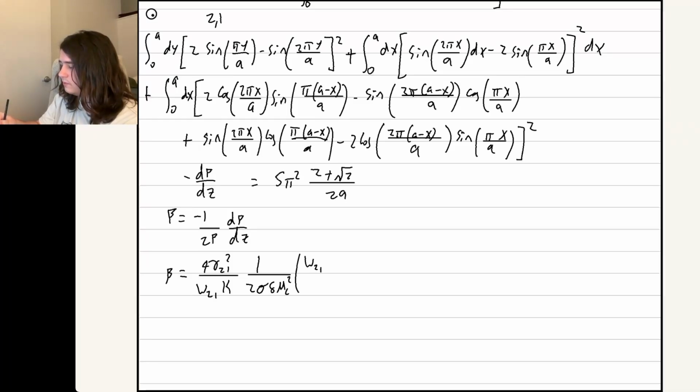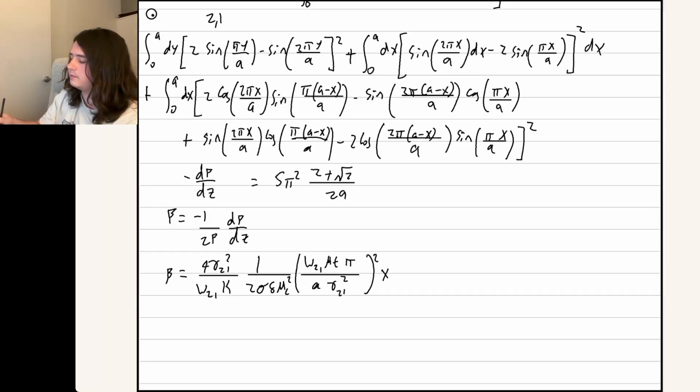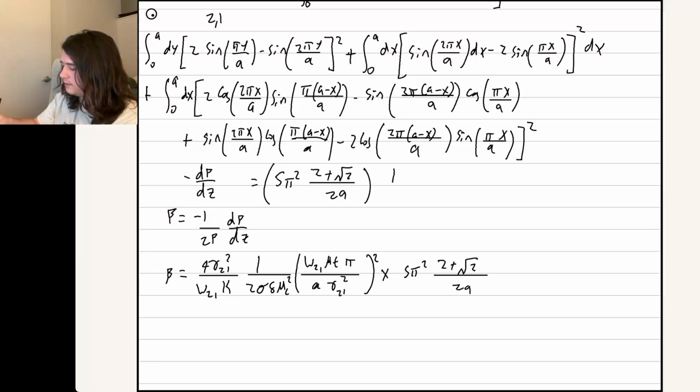You have omega 21 mu t pi over a gamma 21 squared. Square this thing, and then you multiply by your 5 pi squared, 2 plus root 2 over 2a. And all of those prefactors are coming from this stupid thing, 2 sigma delta mu c squared. So that's what it's looking like. I'm not going to simplify it. You shouldn't feel like simplifying it either, if I'm honest.